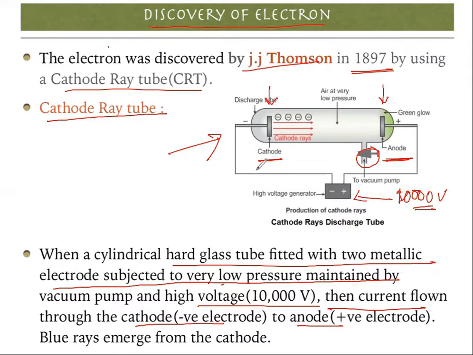When the current passes, some rays emerge from the cathode. As these rays are coming from the cathode, those rays are called cathode rays. Now we are going to discuss the properties and characteristics of these cathode rays, and how using these cathode rays the electron was discovered.